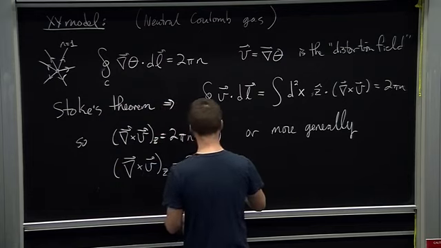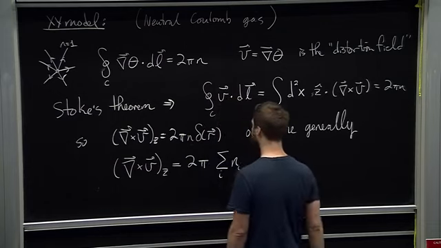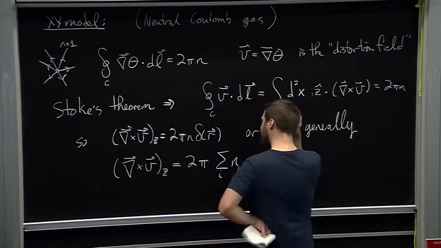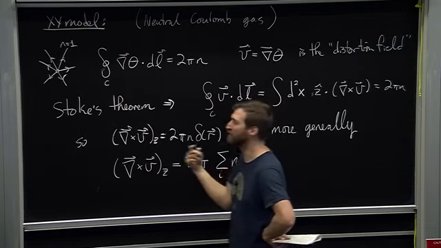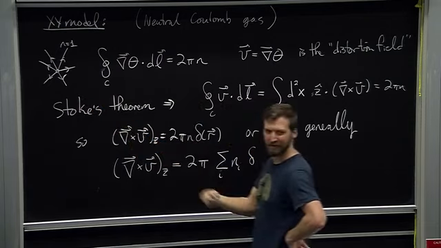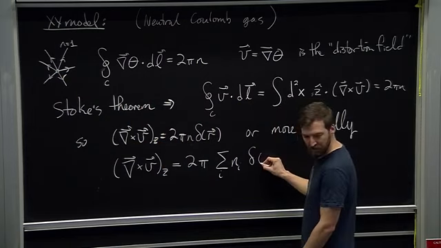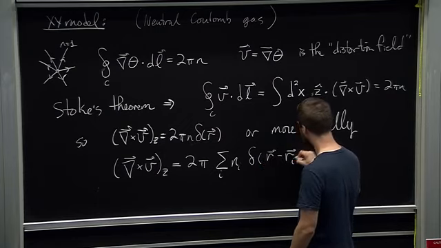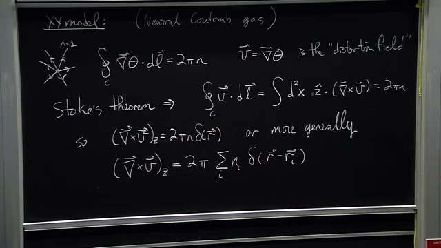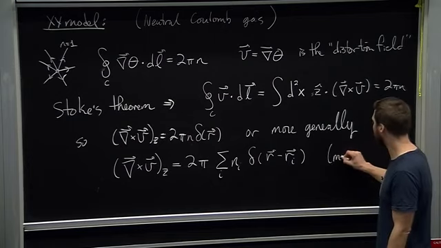So 2 pi, I have to label my n with n_i. And then I need a delta function. But now I can't put my coordinate system's origin at every single vortex center, right? So I need a delta function that cares about r minus r_i, say. Okay, so that's for many vortices.